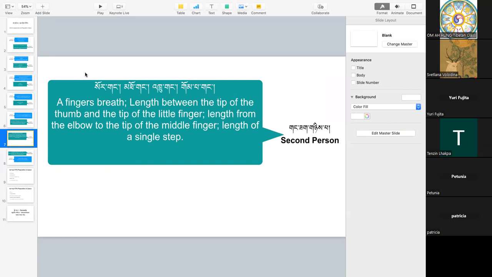The actual unit of measurement, or the establishment of these different units of measurement, was done during the time of the 14th king of Tibet and his minister, one of the seven great ministers during the time of the Tibetan dynasty.